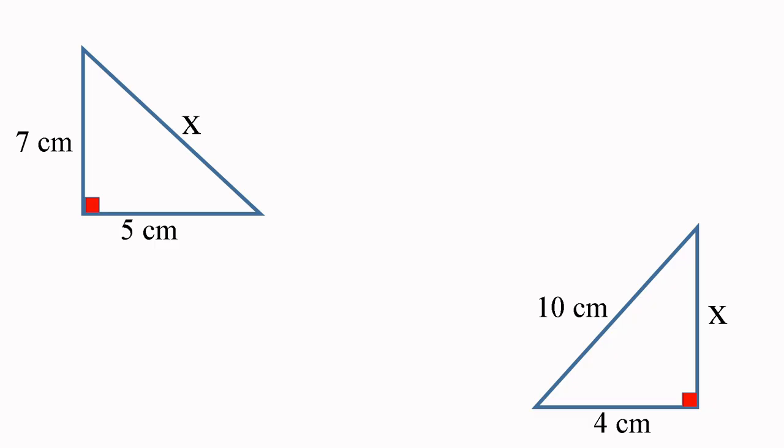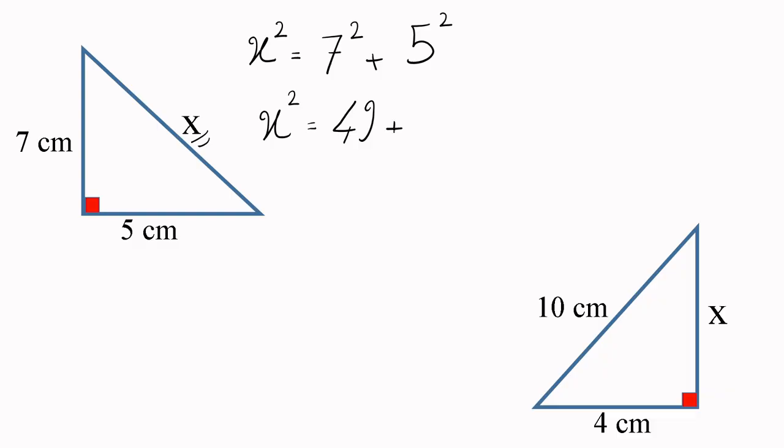Look at the next example. Again, in this example, the missing side is the hypotenuse. So x squared, based on the Pythagorean theorem, is equal to 7 squared plus 5 squared. So x squared would be 49 plus 25.